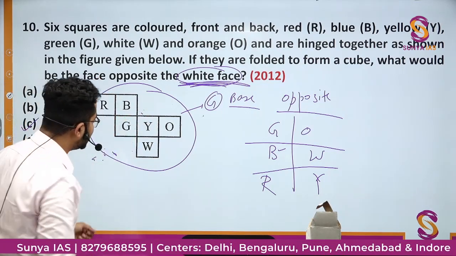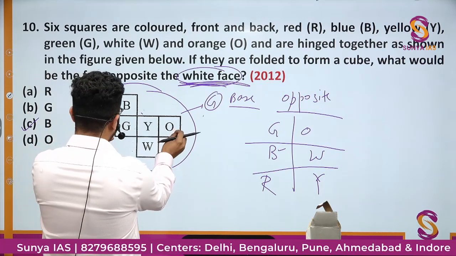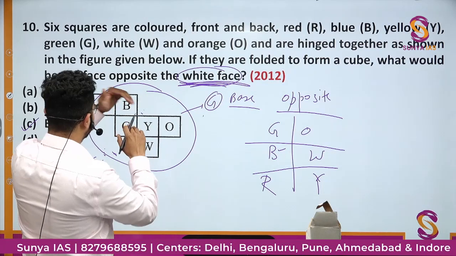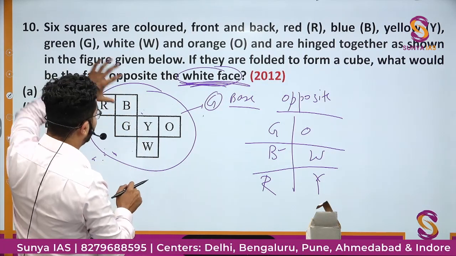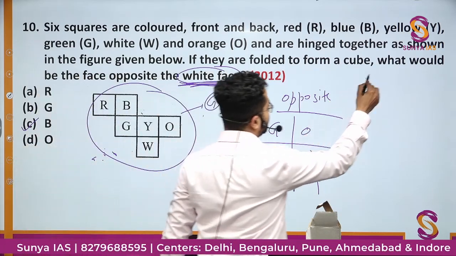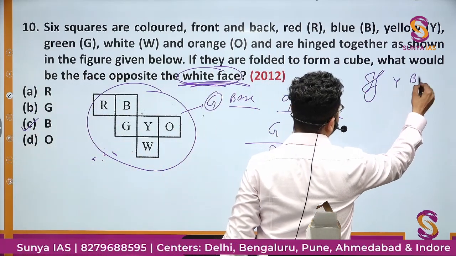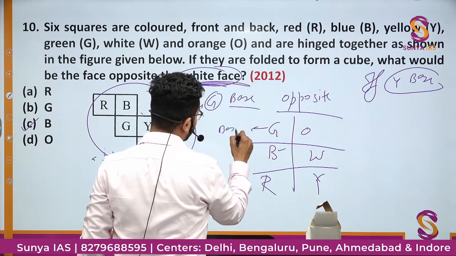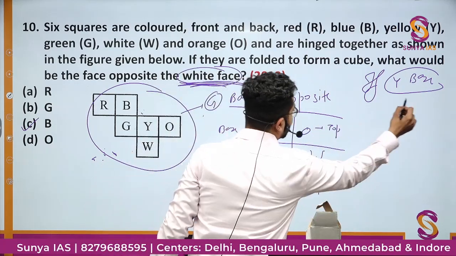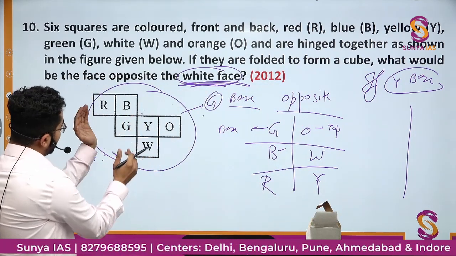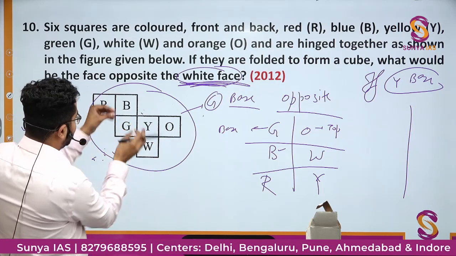If Y is the base, then G and O will be sideways, W and B on the other sides, and R would be at the top. If G is the base, then O will be at the top. If Y is the base, then R will come at the top, G and O like this, B and W like this.